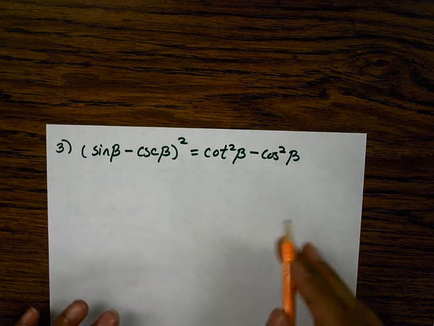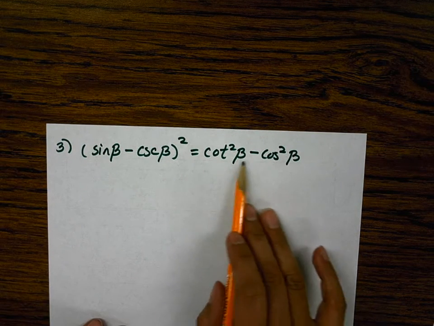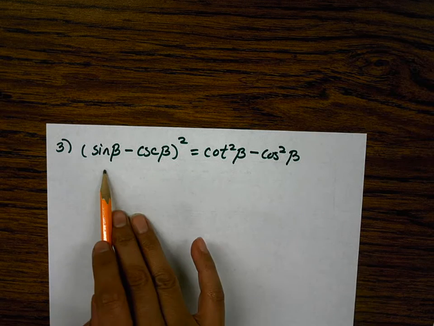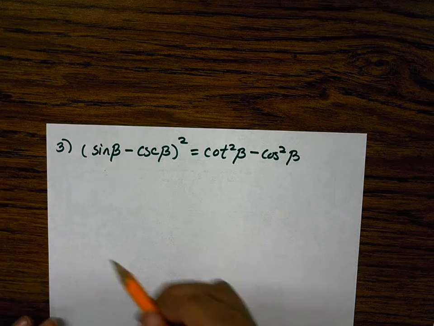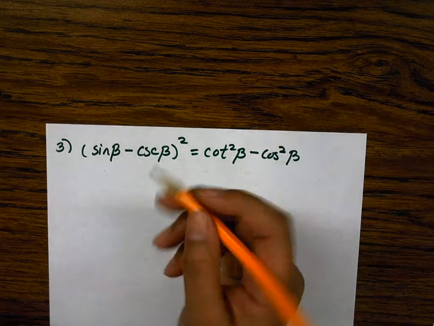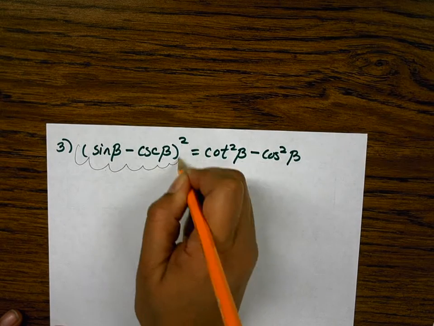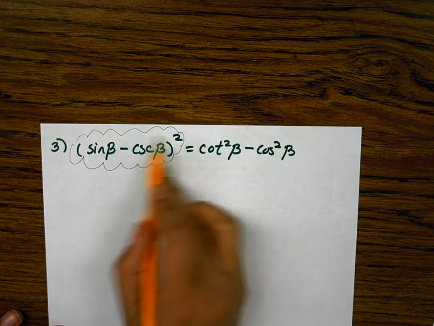Again, I look at what are my options. Okay, I can do difference of two squares here, but it's not going to help me with this. This side I can FOIL, and there's more things I can do once I FOIL, so I'm going to pick this side. And don't forget, you cannot distribute the exponent.